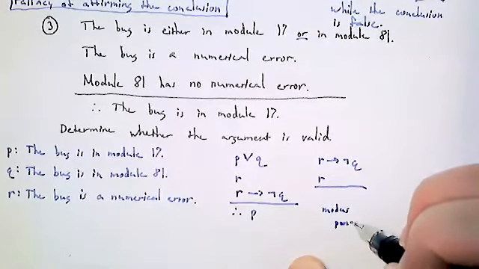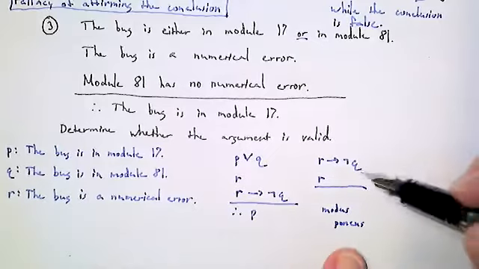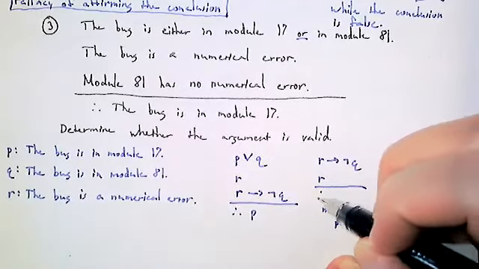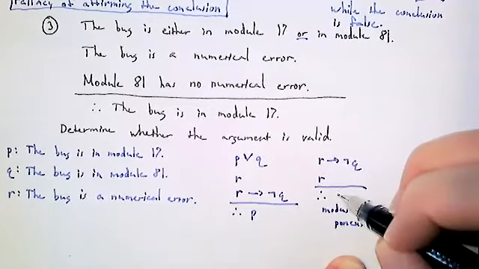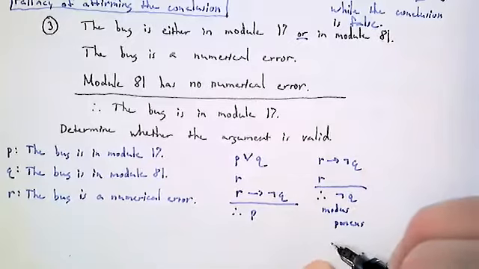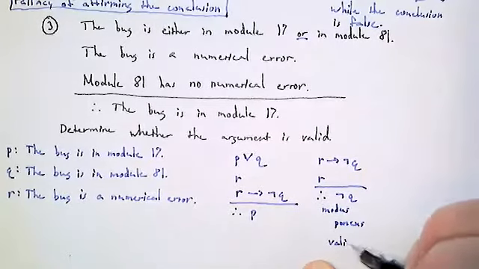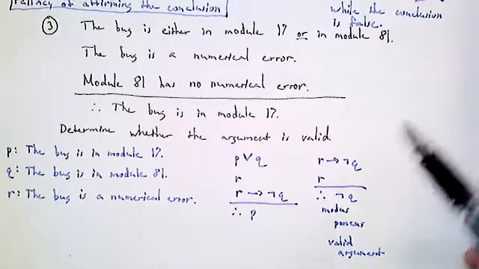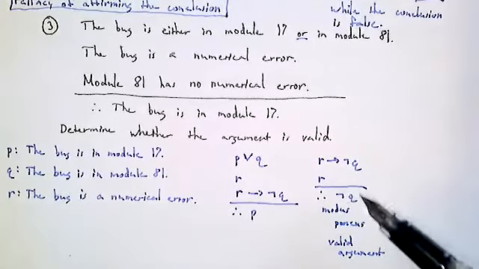This is the first rule of inference. And you can remember that the conclusion corresponds to what this is, not Q. And this is a valid argument. We don't have to think about it anymore because we know it's valid. It always works. So I have a new true statement that I can use.